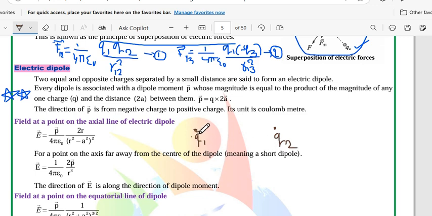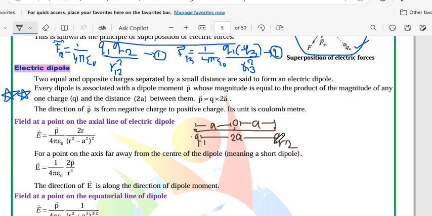separated by a distance. Let us consider this is the origin point, represented as O, and the distance of the charge from the origin, let us consider it as A, and also from the origin to the other charge the distance is A. So the total distance from charge Q1 to charge Q2 is 2A.